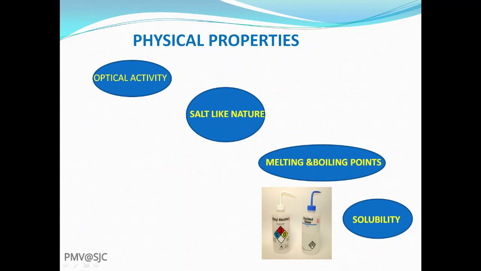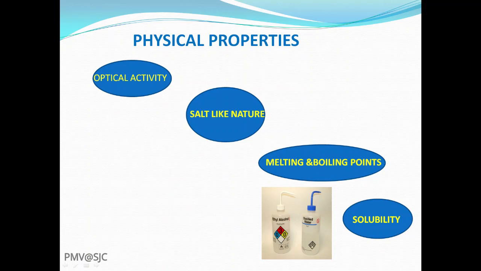They are highly optically active compounds, except glycine. Glycine lacks an asymmetric center, thus it cannot be optically active. The rest of the amino acids are optically active and they exhibit two isomeric forms.